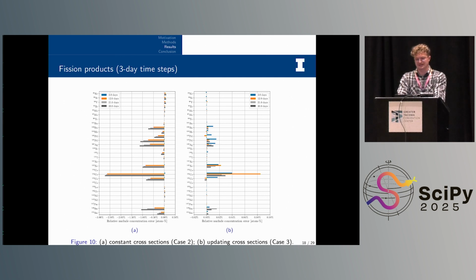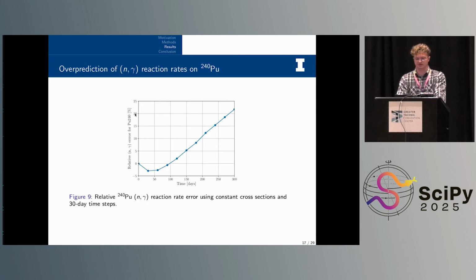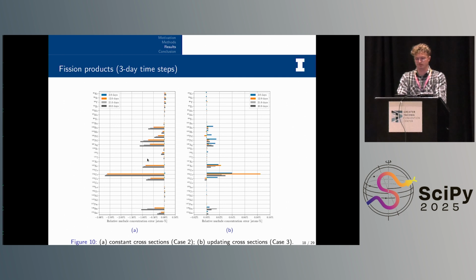The reason for this is the large majority of these fission products are being produced from reactions with uranium. Uranium is the primary fuel in the PWR fuel element. So because the uranium error is so low, that sort of propagates to the fission products. So that's why we get very low errors here.